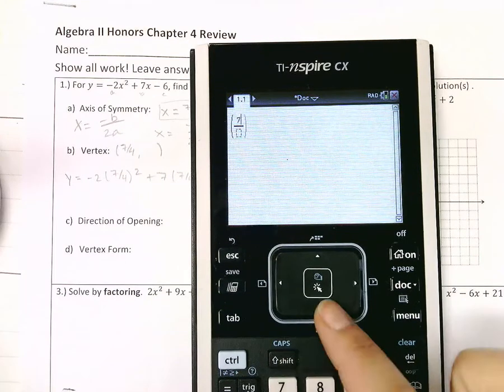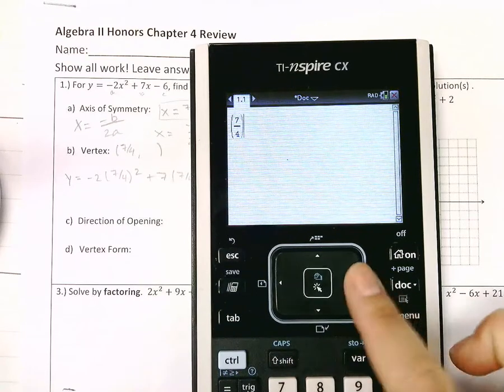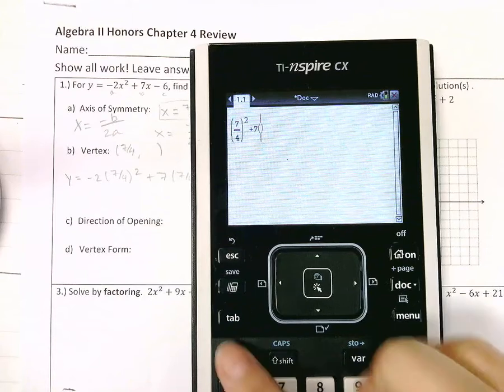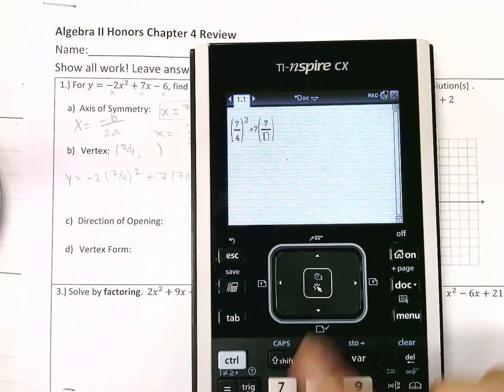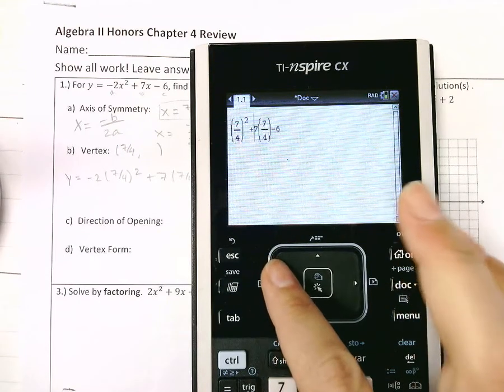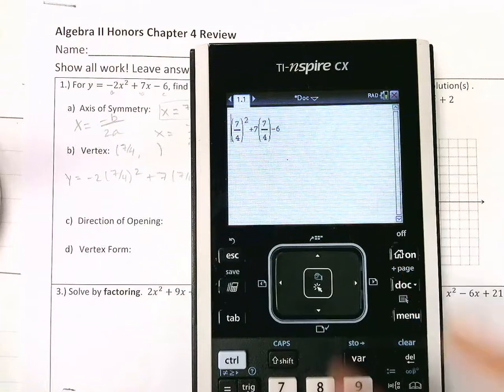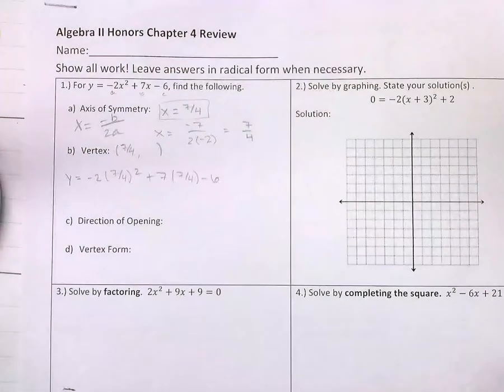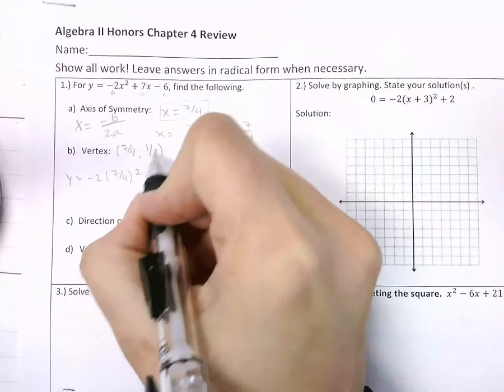Control divide gets you a fraction. Every time I'm substituting 7/4 in, I have parentheses. Oh yeah, there's a negative 2 in there. Alright, so I got 1/8.